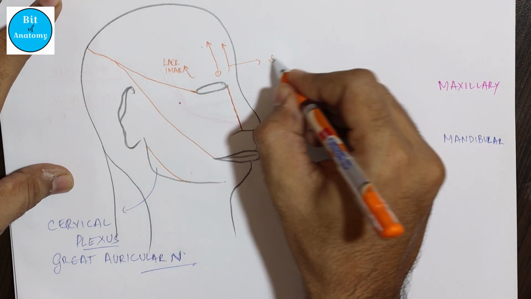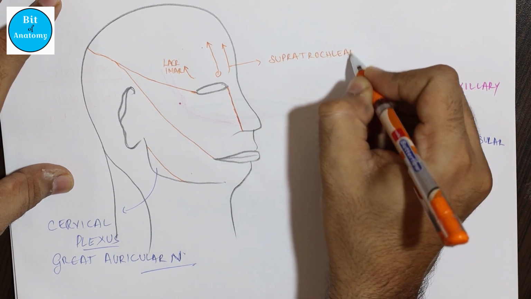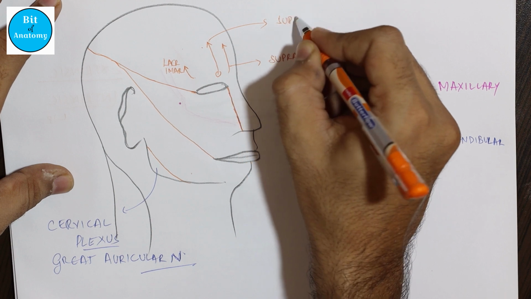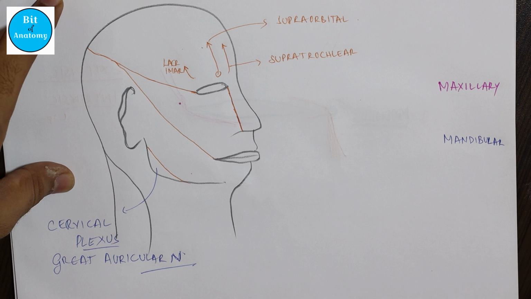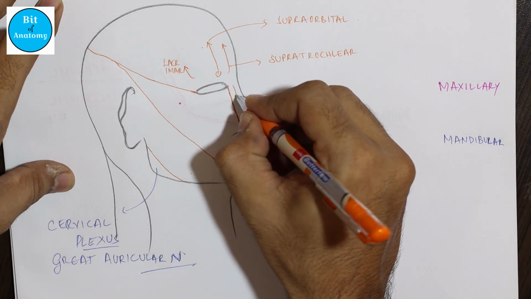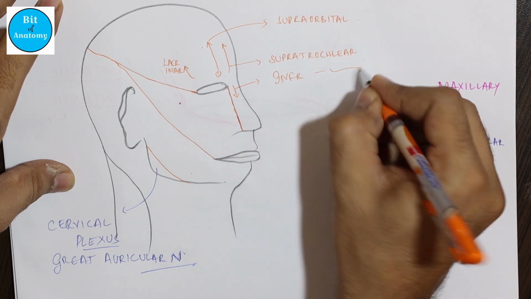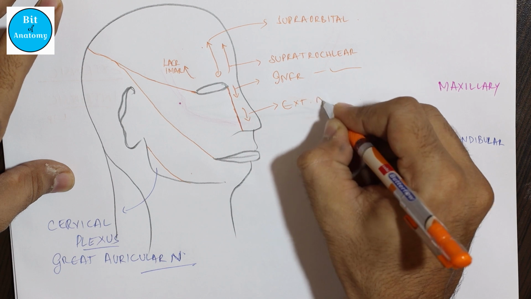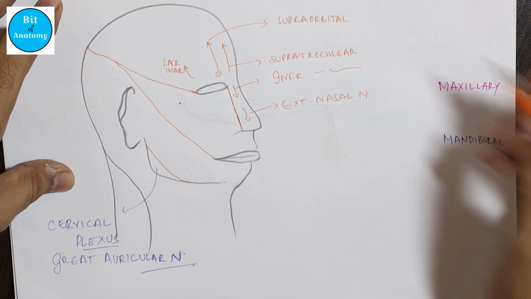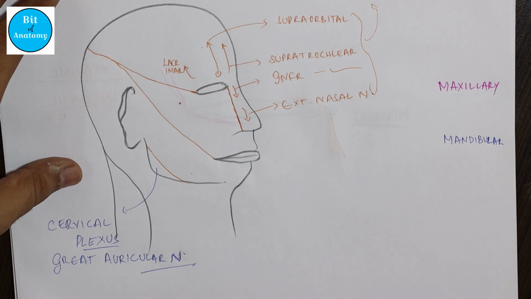The medial one is called supratrochlear and the lateral one is called supraorbital. Then over the nose, there is one more branch called infratrochlear, and the external nasal nerve. All these are branches of the ophthalmic division of the trigeminal nerve.